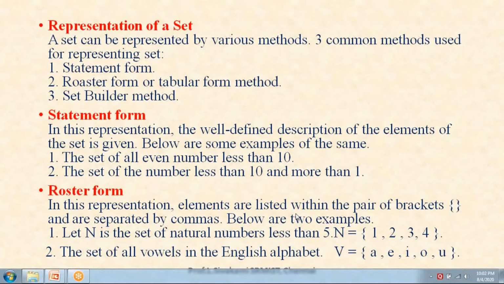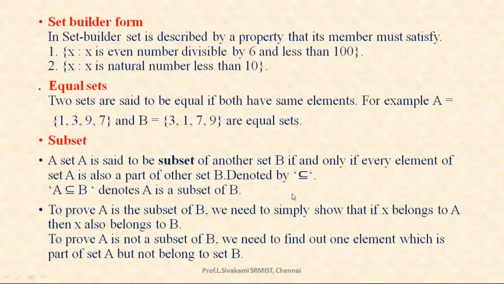The third one is the set builder method. It is represented by a letter X along with its explanation. For example, within the set bracket, X such that X is an even number divisible by 6 and less than 100. That is, the numbers between 6 and 100 will appear in the set bracket.